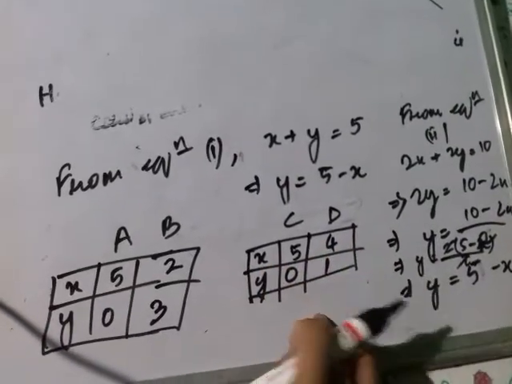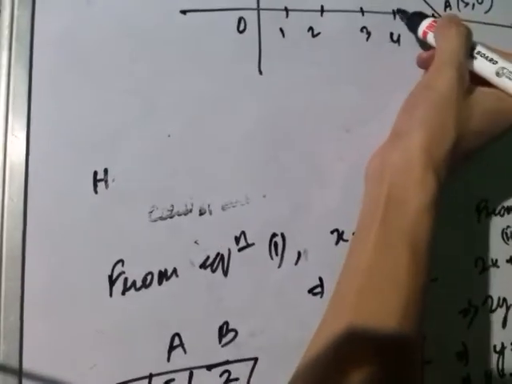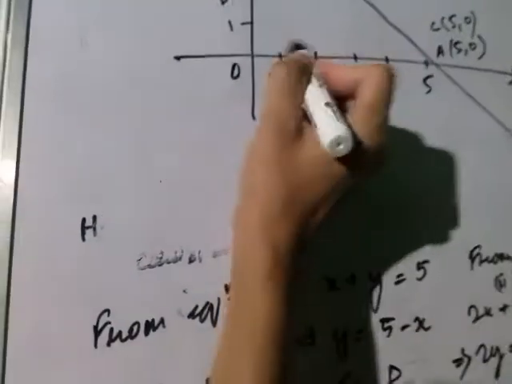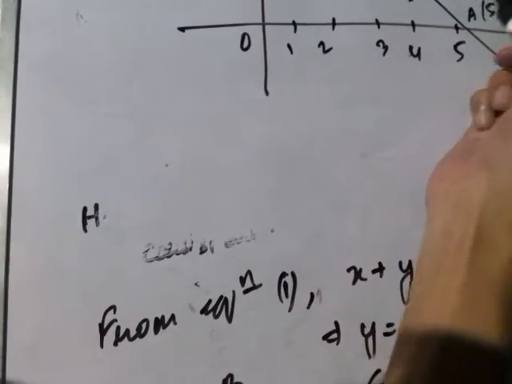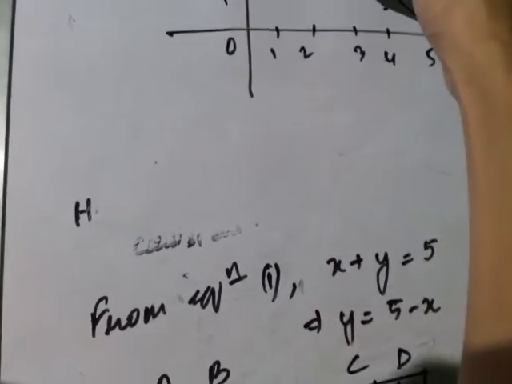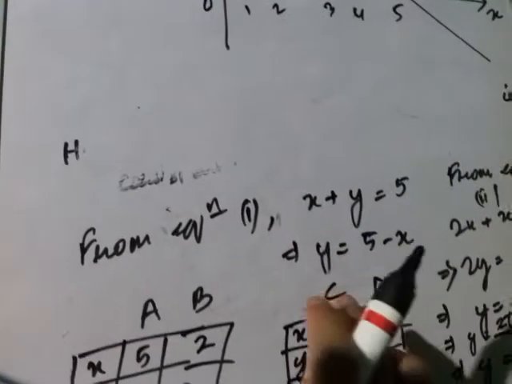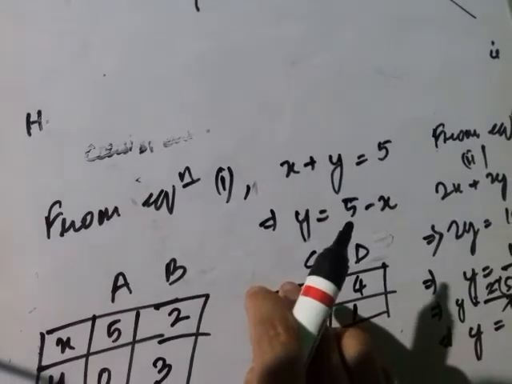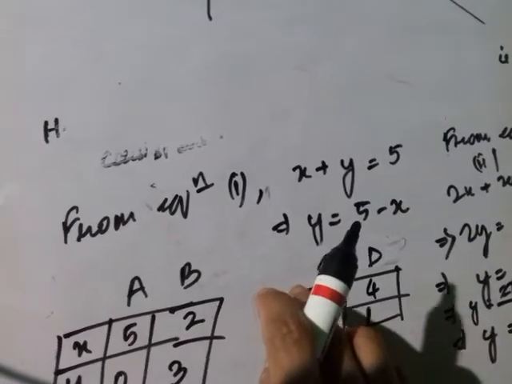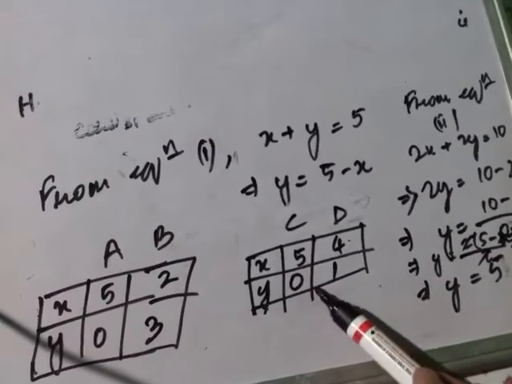And if x is 4, y will be 1. Here it will be. Okay, so now you see here, if x is 4, y will be 1, na?